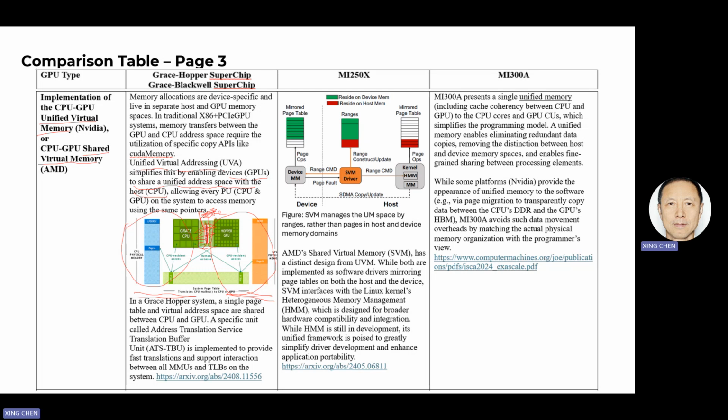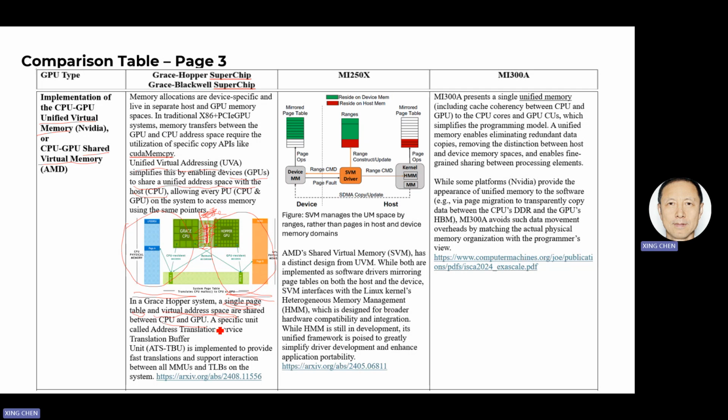In GraceHopper system, a single page table. Right now, you don't have two separate page tables anymore. You have a single page table and virtual address space shared between the CPU and the GPU.